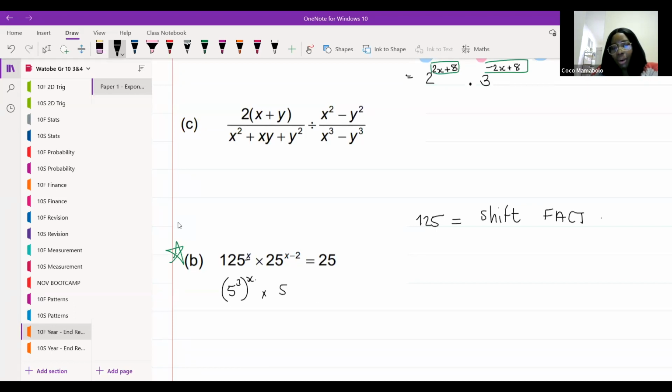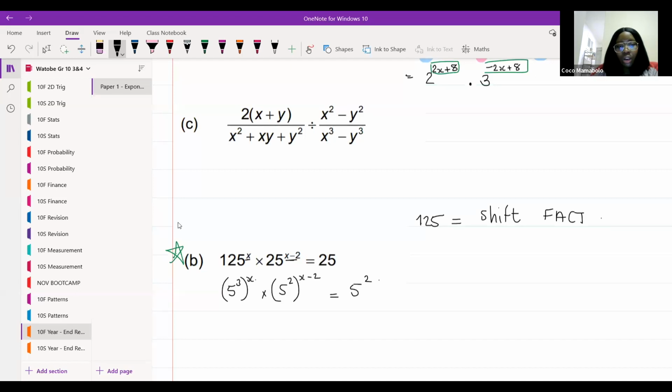Good, 5 to the power of 2, but don't forget, Refilwe, there's still that x minus 2 on the outside. 25 is 5 to the power of 2.